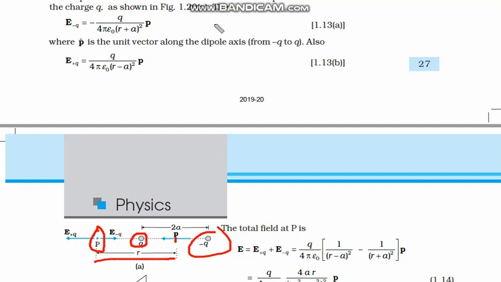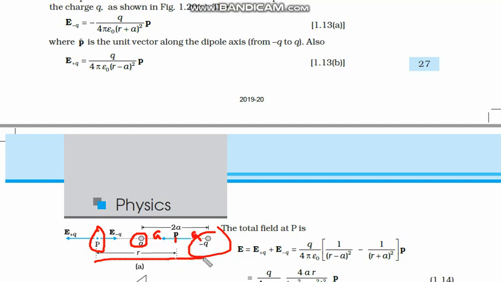So now the electric field due to the negative charge is simply 1 by 4 pi epsilon naught, that much you know, and there must be a negative sign because the charge is negative q. Now how much would this distance be? This distance is r, this is a, and this is also a.